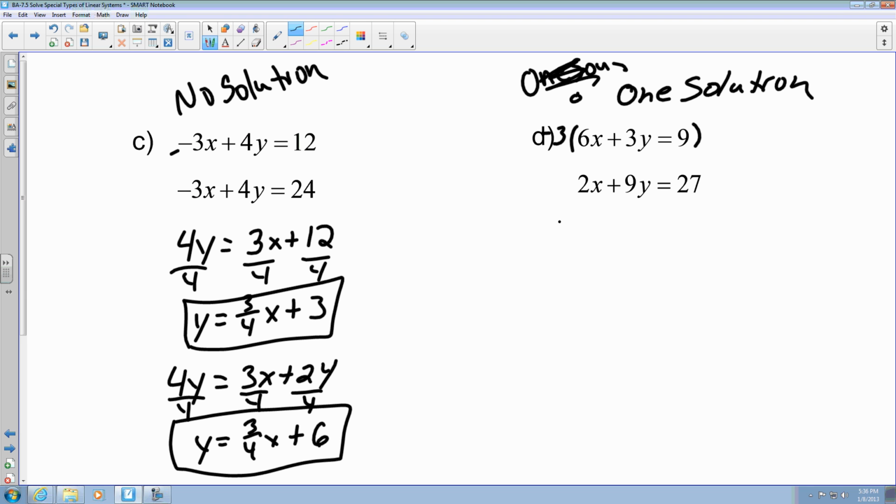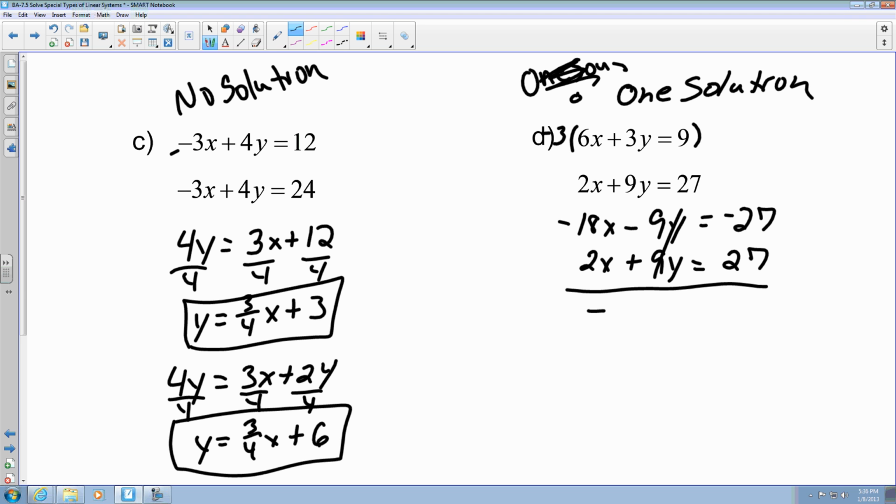So the top here is going to be negative 18x minus 9y equals a negative 27. And I'm just going to rewrite 2x plus 9y equals 27. I'm going to cancel out my y. Since they're opposites, these are going to cancel. So I got negative 16x equals 0. So my x here equals 0.